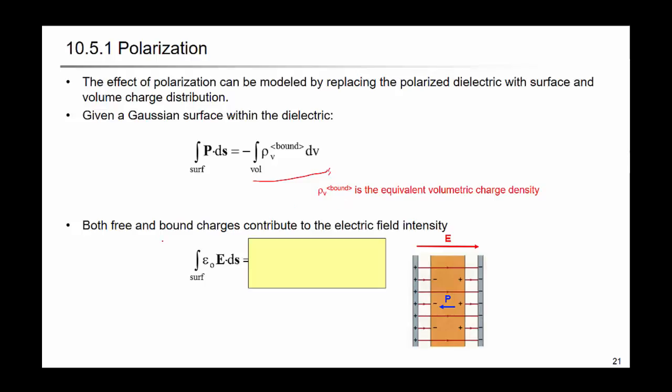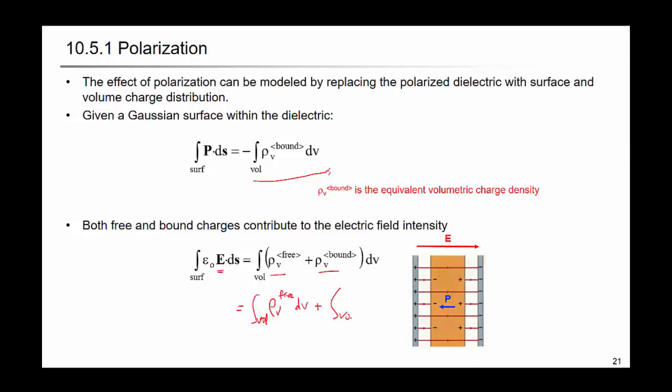And if you combine the free and bound charge together, the electric field is caused by this free charge and the bound charge. Then if you separate these two, free and bound, this is the same as minus the surface integral of P dS, right?